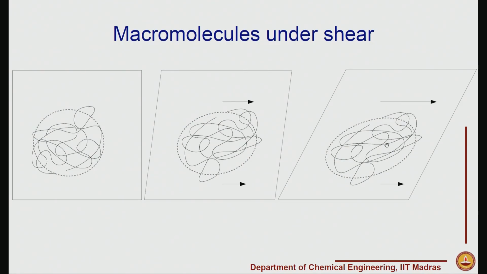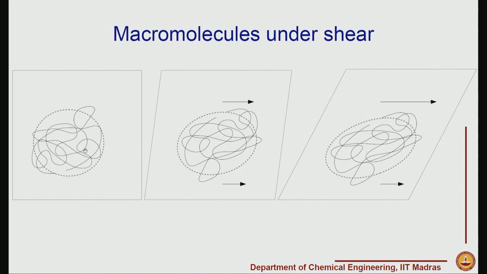One other issue that we should always remember is that this picture of macromolecule, the way we have drawn here, is only one snapshot of it. In general, because of the thermal energy being sufficient, the macromolecular segments are undergoing thermal motion, and similarly the solvent molecule is also undergoing thermal motion.